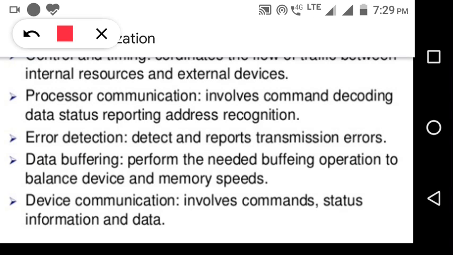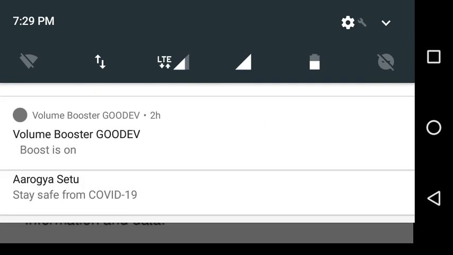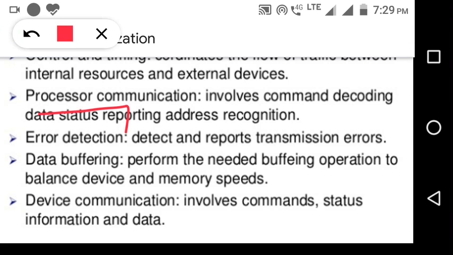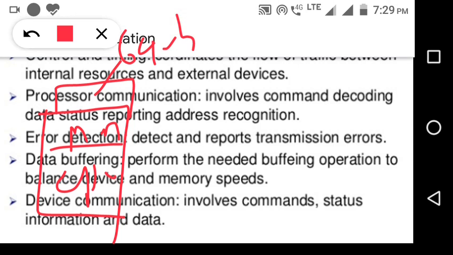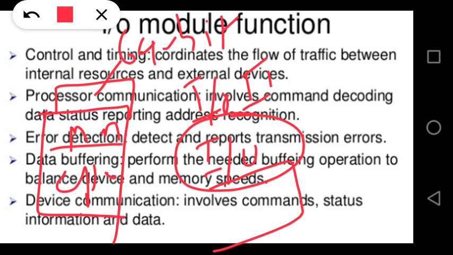So if this is my main memory and these are CPU registers, and the register length is 64 bits, the I/O interface, which contains the interface unit, maintains a buffer.